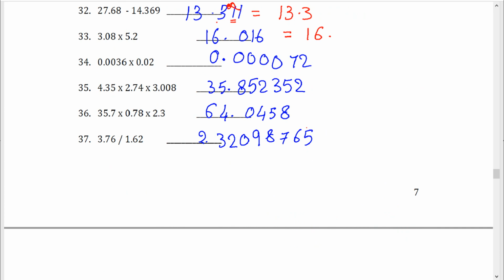In this number, I will write the first 2 numbers and look at this. Is 1 going to add 1 here? No, so just write it. This number is rounded to 2 significant figures. If you want to make them 3, you will add 0 on the right hand side.